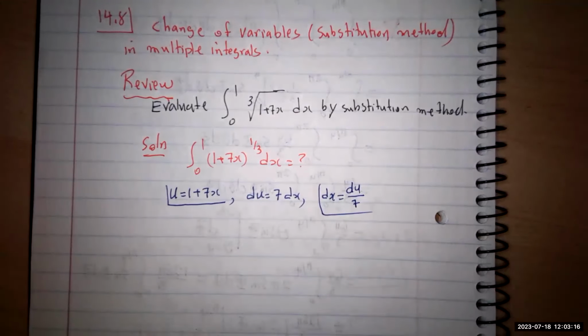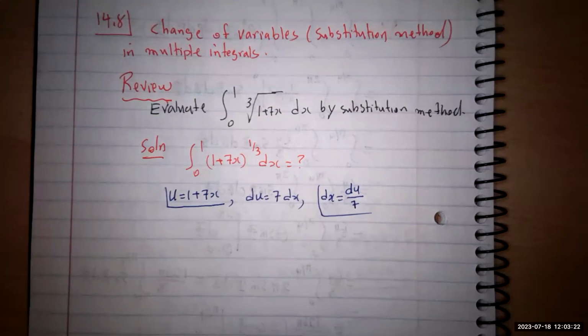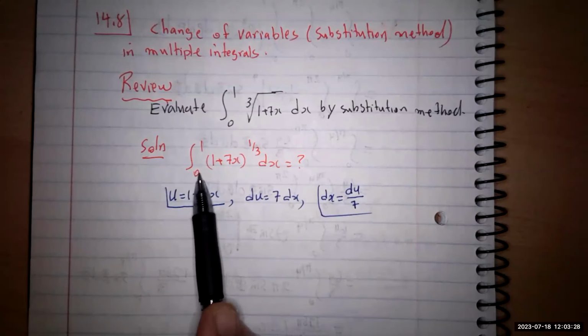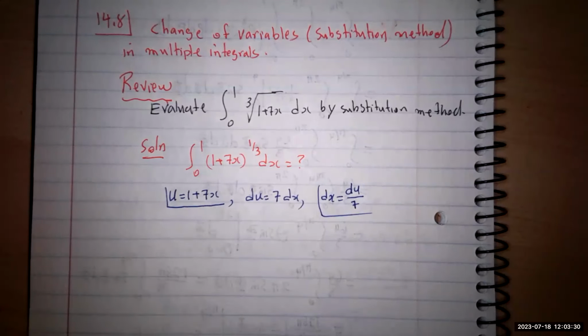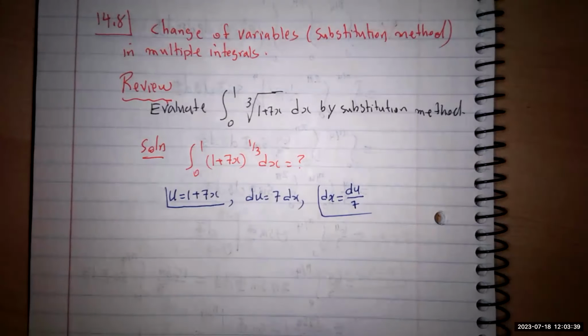Then we go back and we substitute. But it's a definite integral, so you have an extra job to do. You have to take care of the limits of integration. When you change the variable from x to u, the integral depends on u, so you cannot use 0 and 1.